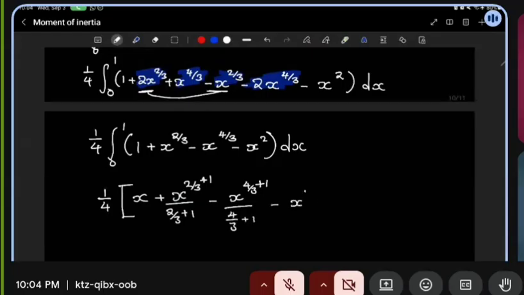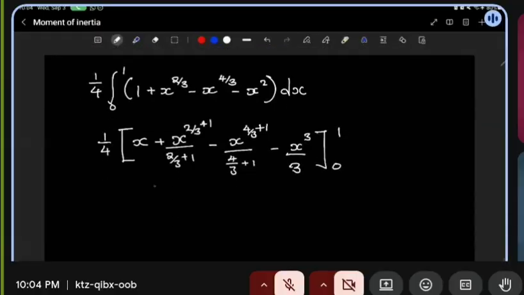Then this becomes x to the power 3 over 3 from 0 to 1. In the same way, plug in 1. This will be 1 here. And then this will be 1 in the numerator over, this will be 3 there, 5 over 3.